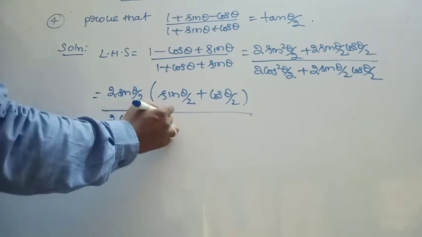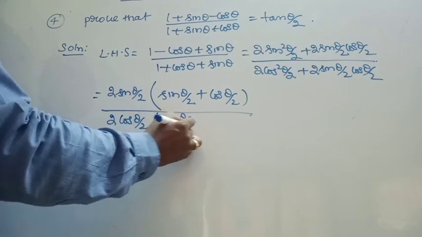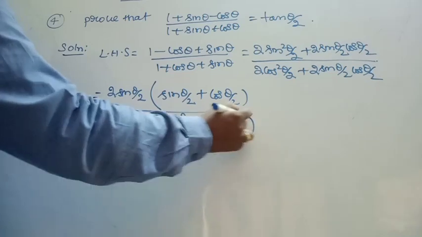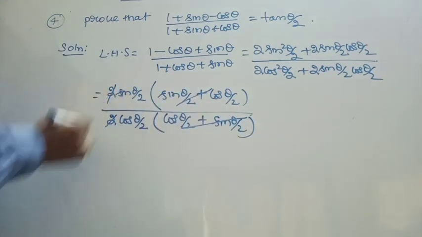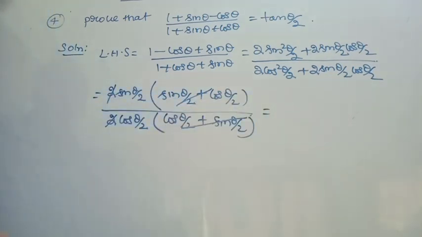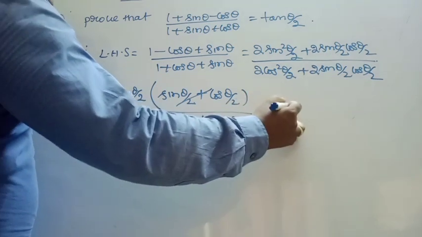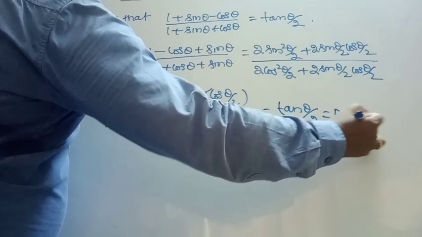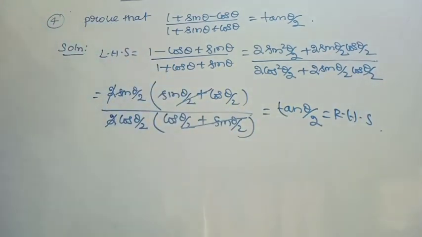Then it becomes cos theta by 2 plus sine theta by 2. This will cancel, 2 will cancel. Now sine theta by 2 by cos theta by 2 equals tan theta by 2. In this way, you will have these beautiful problems, my dear students.